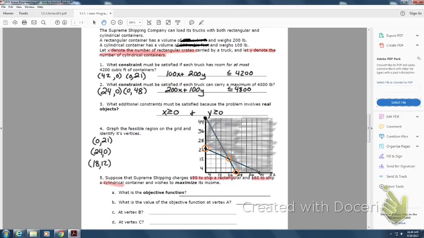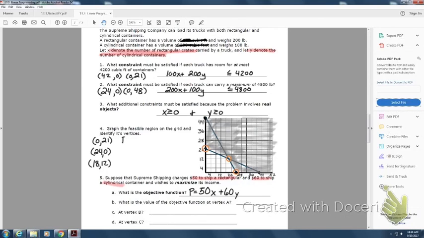P. And then they get $50 for every rectangular crate. What variable represents the rectangular crates? X. So $50 times however many rectangular crates, and then $60 times however many cylindrical.